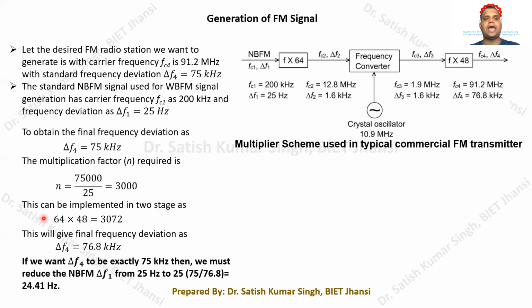The first stage will have a multiplication factor of 64, and the other stage will have a multiplication factor of 48.